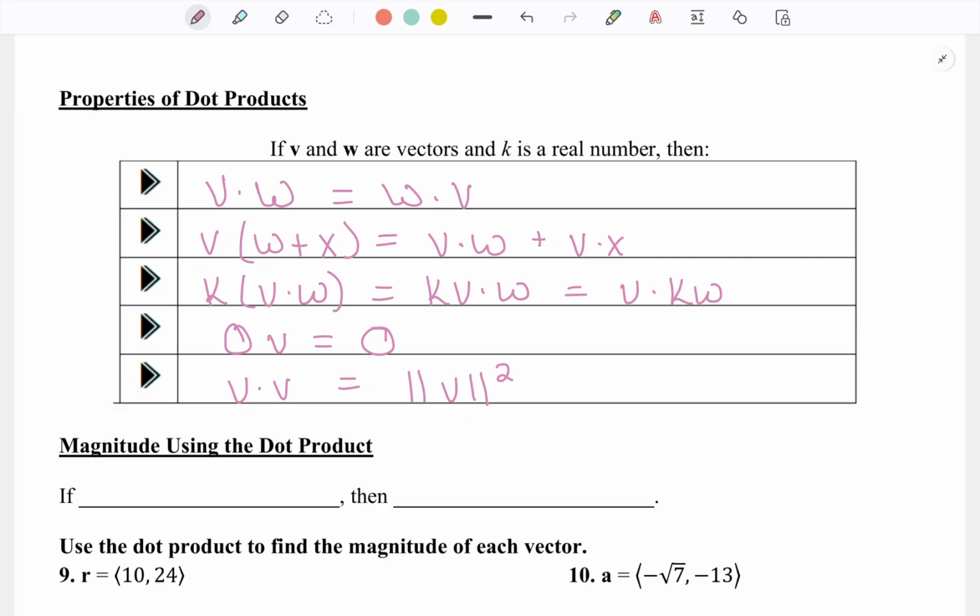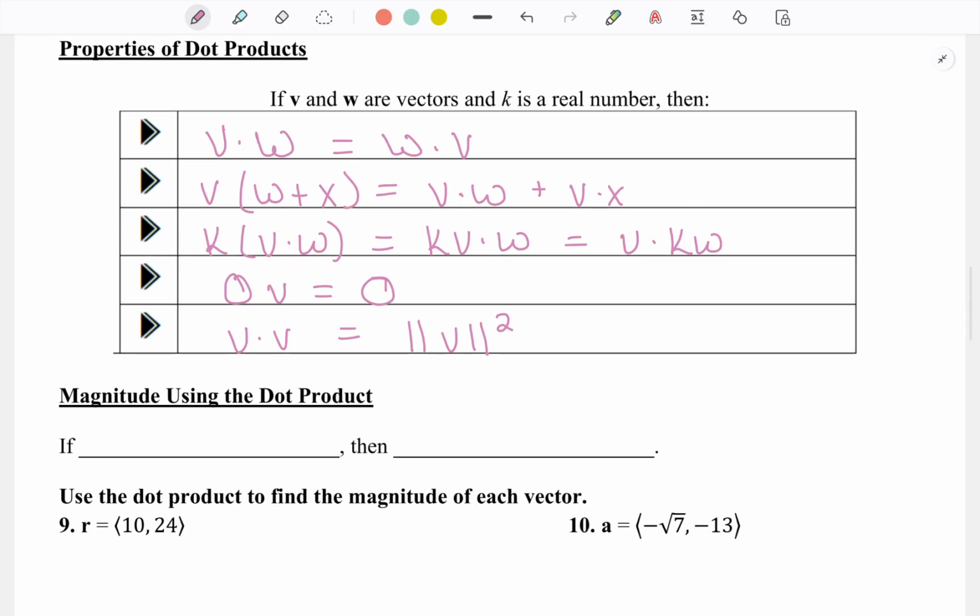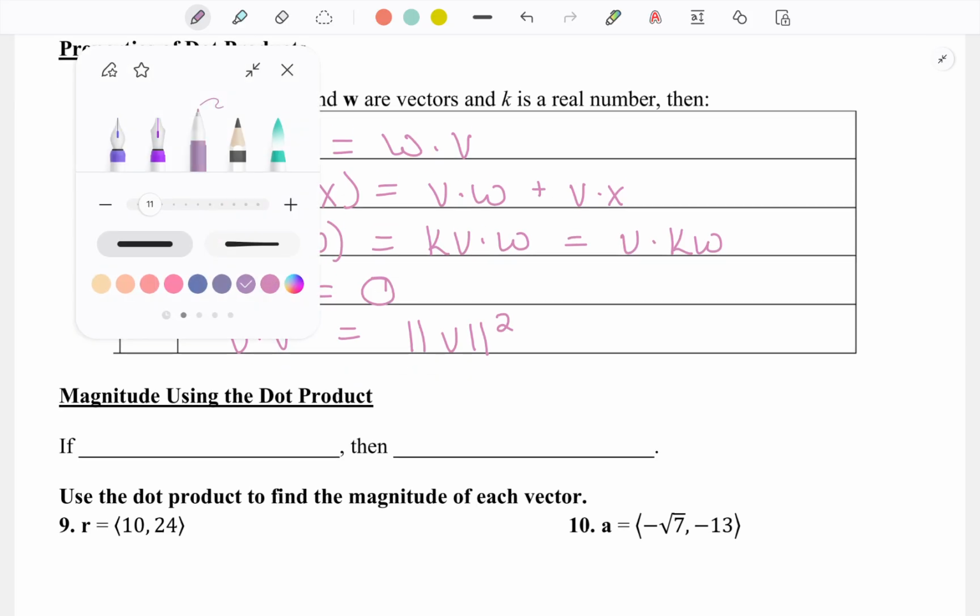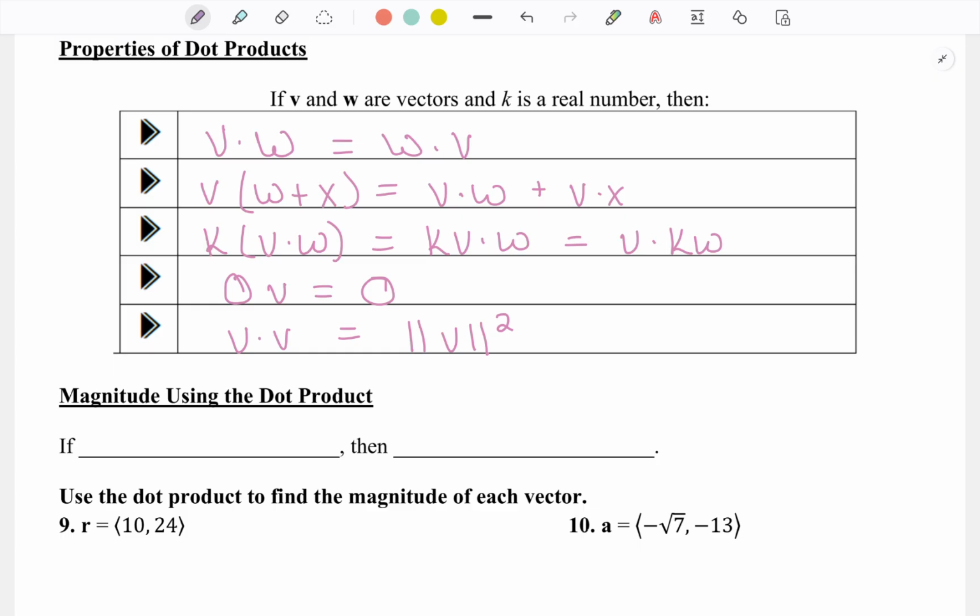So now we are going to find magnitude using a dot product. We already have two formulas that exist with magnitude. And of course, in the end, it doesn't matter how you get the magnitude. It's just that you get it. But if you want another way, or you don't understand one way that we're doing it, then we can definitely find another way.